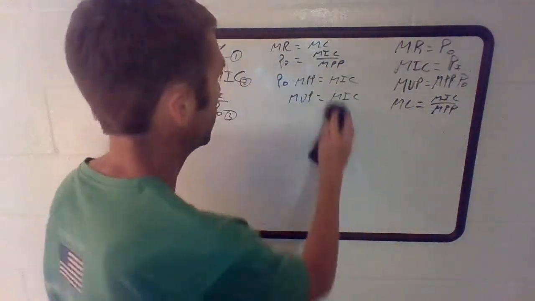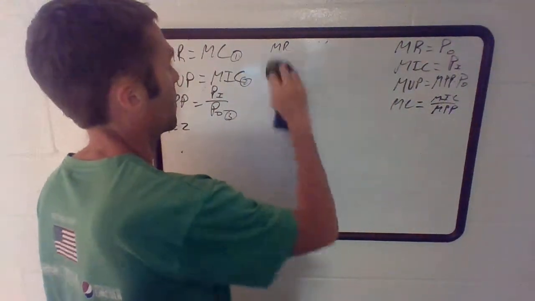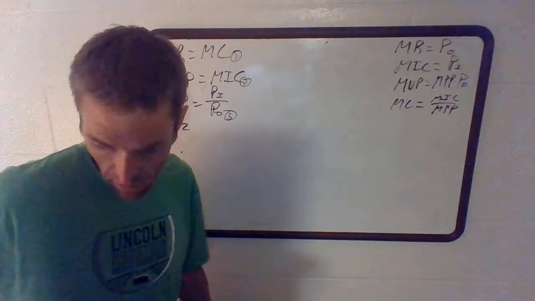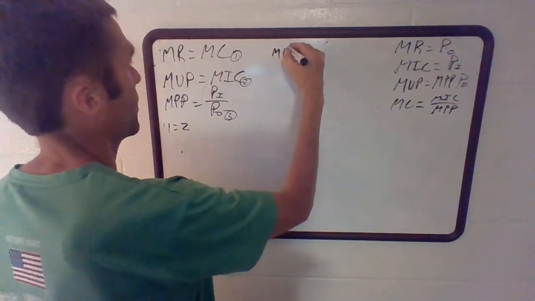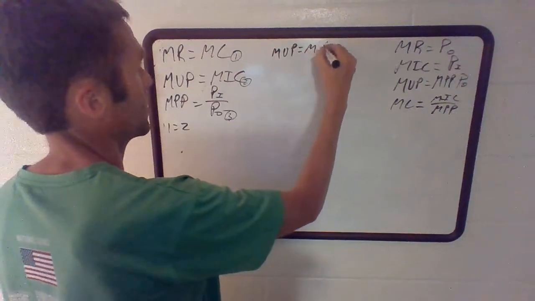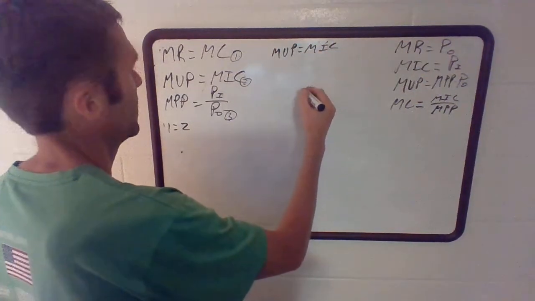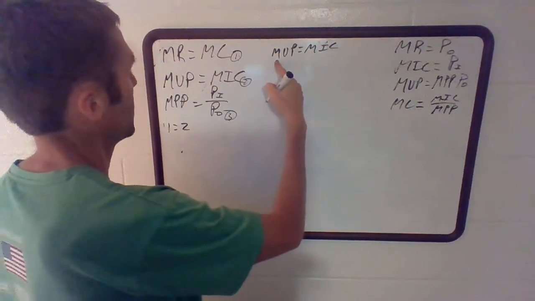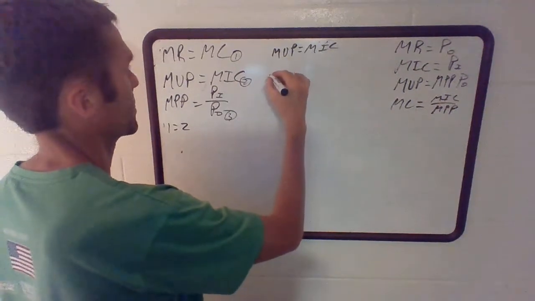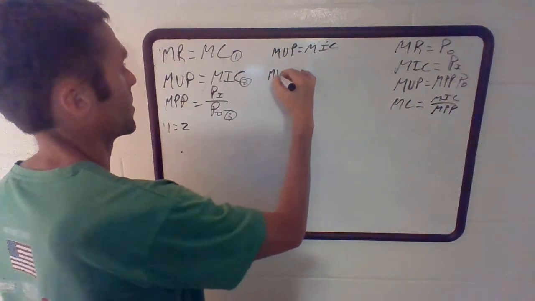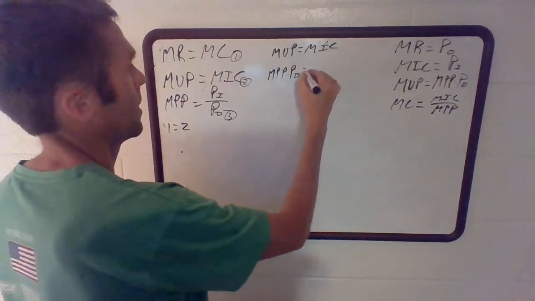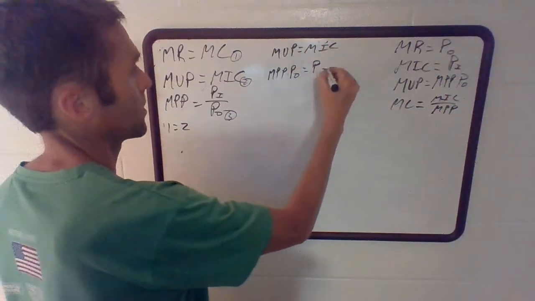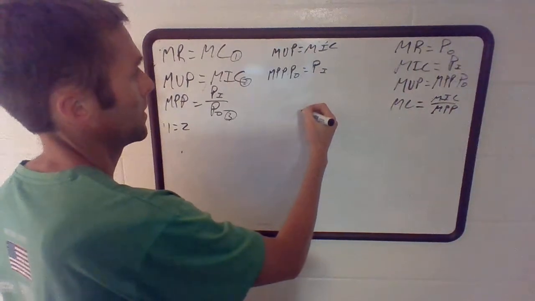Well, what would happen if we started with number 2? My marginal value product is equal to the marginal input cost. And my marginal value product is the same thing as the marginal physical product times the price of the output. And marginal input cost is equal to the price of the input.